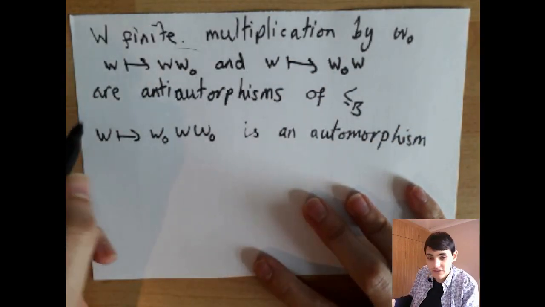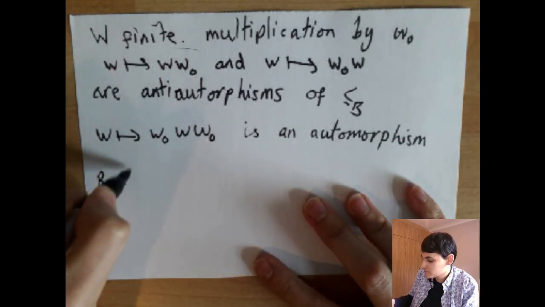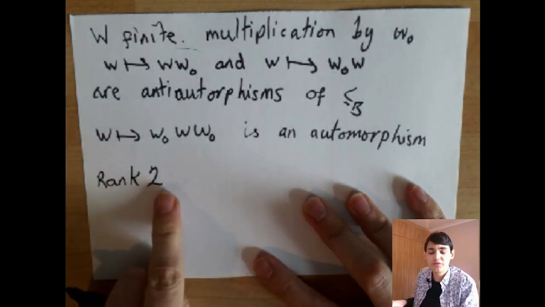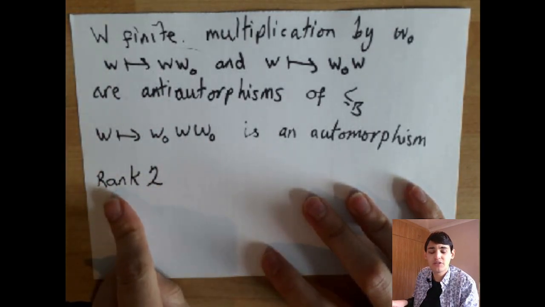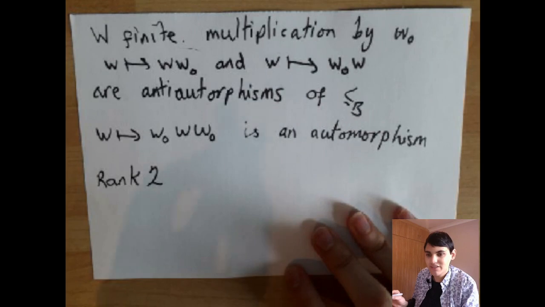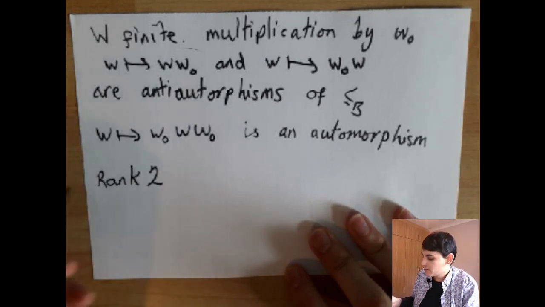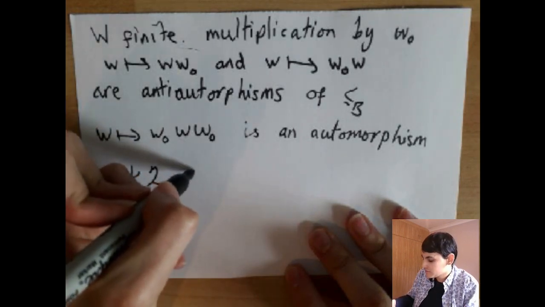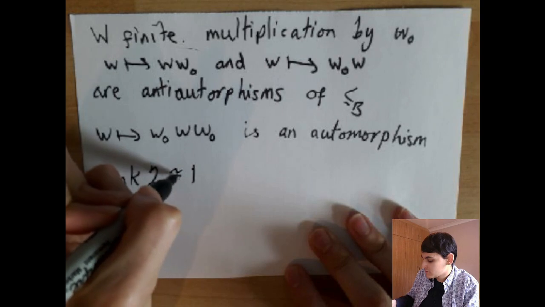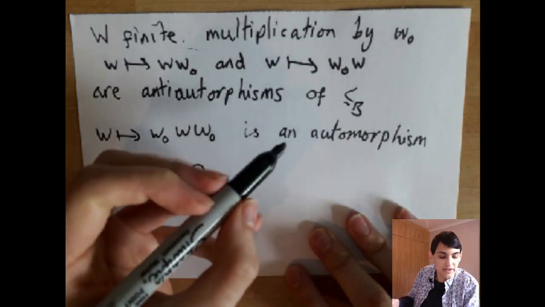Well, for Coxeter systems of rank 2, and I can't remember if I mentioned rank in the previous video, so quick reminder if I did, and here it is if I didn't: rank just means the number of elements in your generating set. So rank 2 is basically dihedral groups, so Dn.